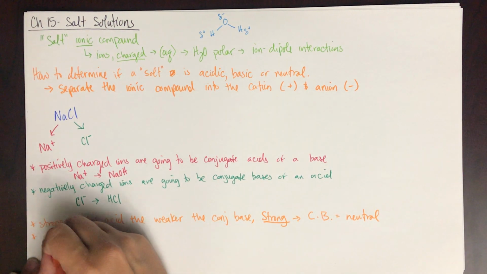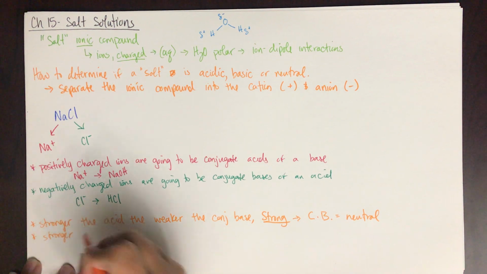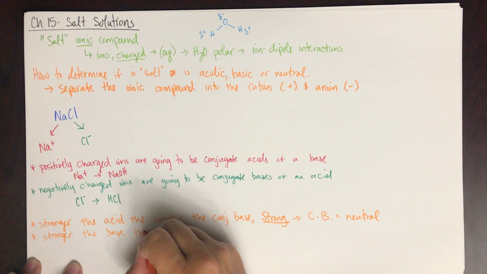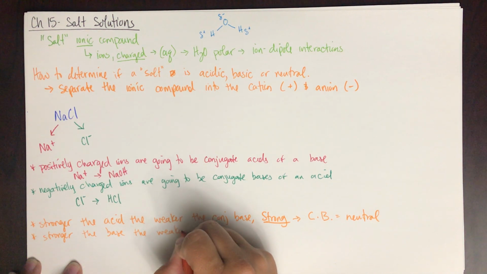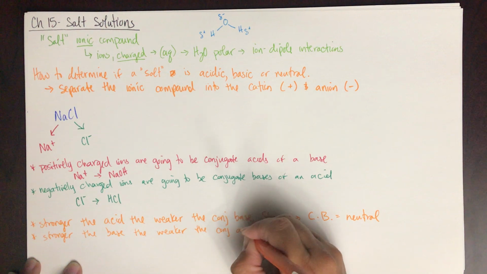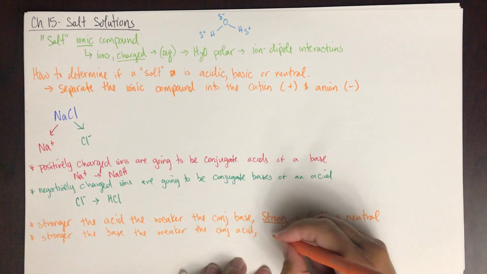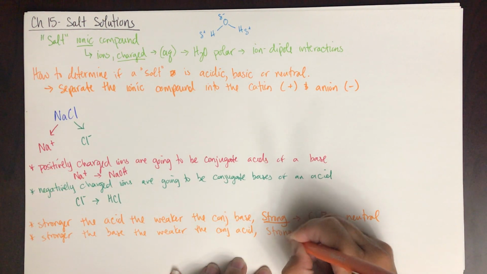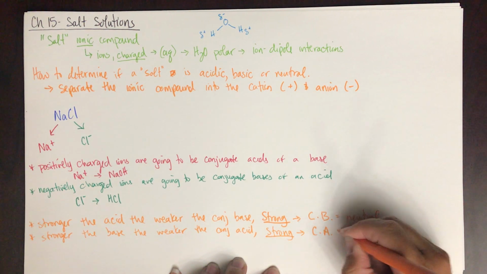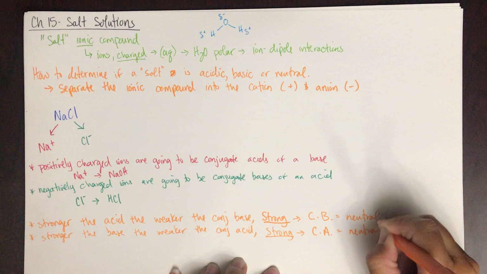The second rule: the stronger the base, the weaker the conjugate acid. So, for example, a strong base is going to have a conjugate acid that is neutral.